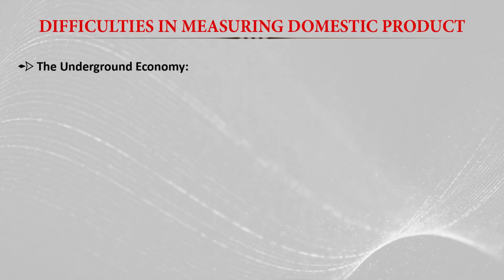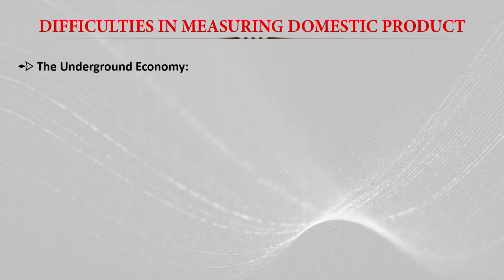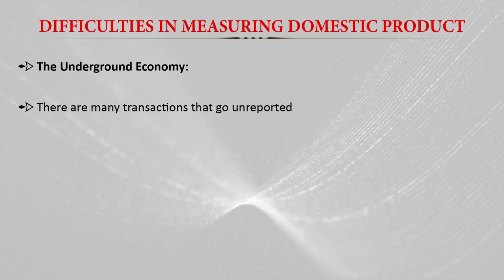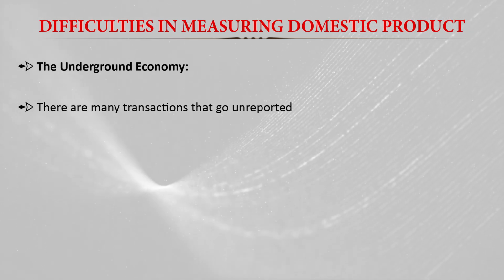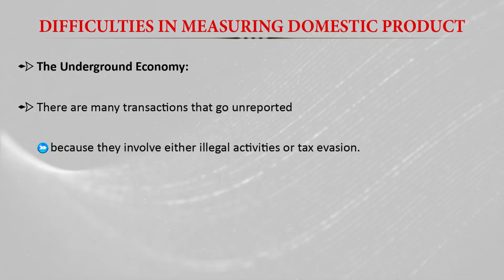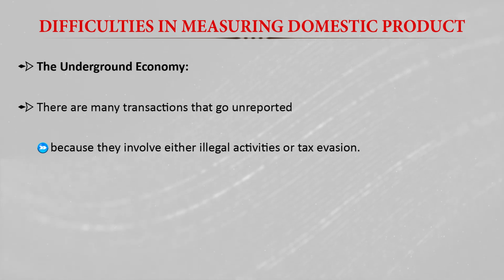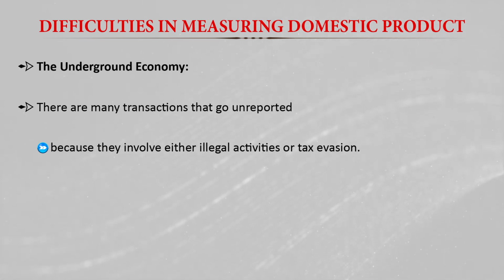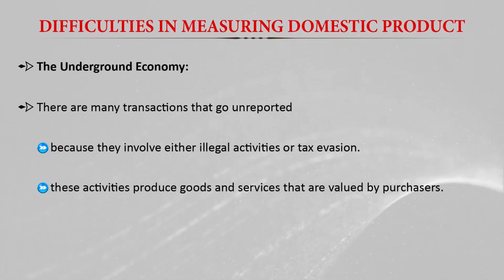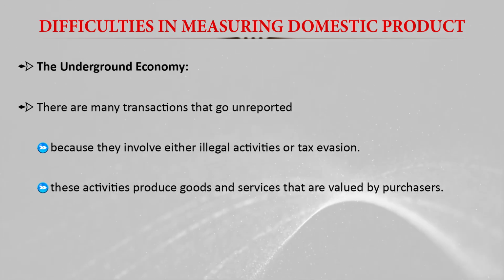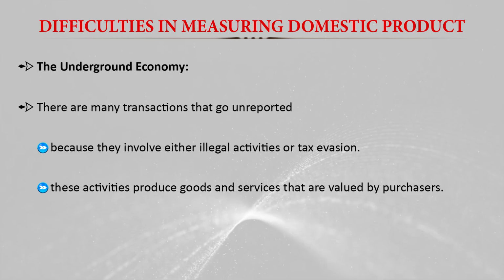And the underground economy is also a major problem. There are many transactions that go unreported, because they involve either illegal activities or tax evasion activities, and these activities produce goods and services that are valued by the purchaser.